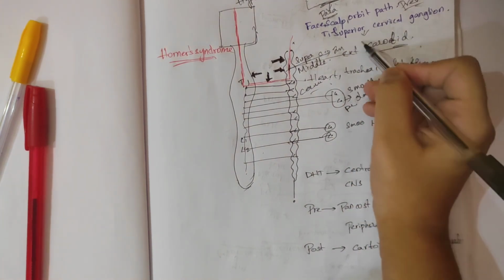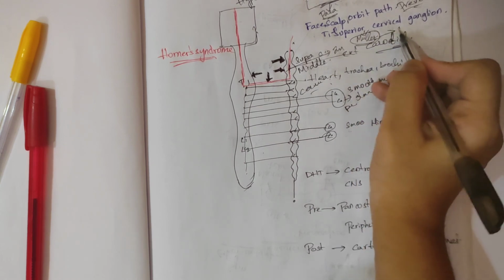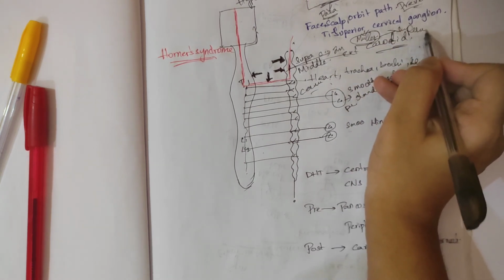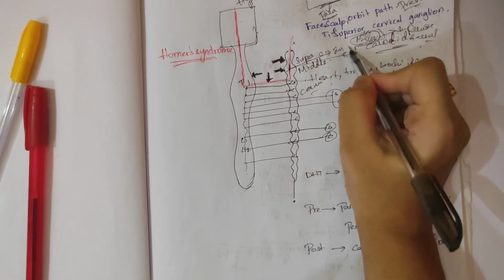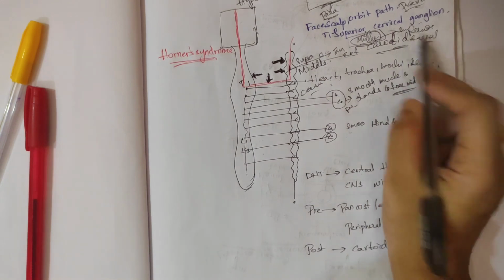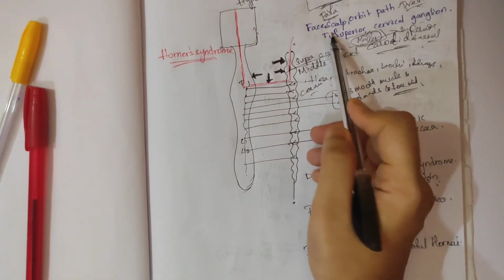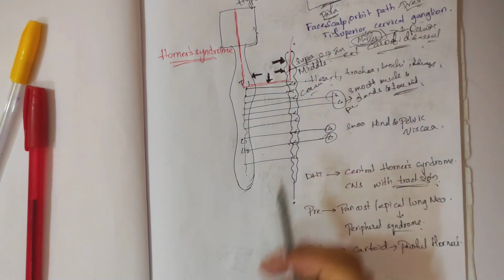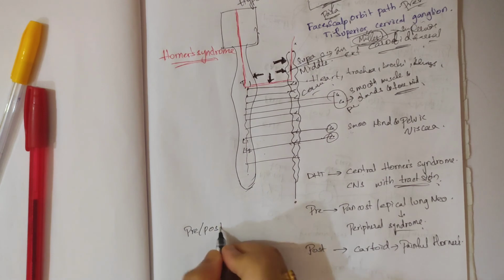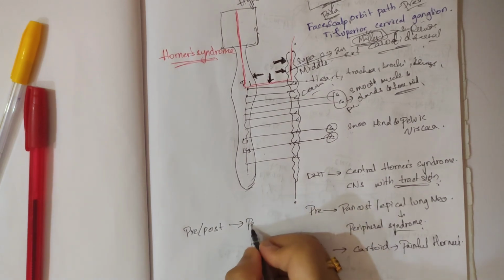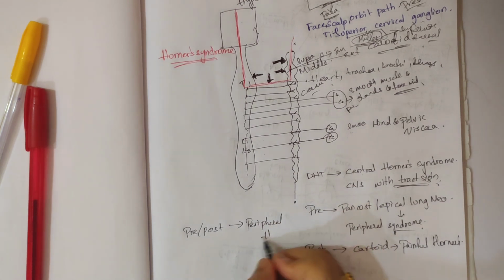These are also called Muller's, but it is better to call them superior tarsal muscles. Muller, okay, but superior tarsal is very good instead of this. So pre or post ganglionic innervation lesions result in peripheral Horner's syndrome.